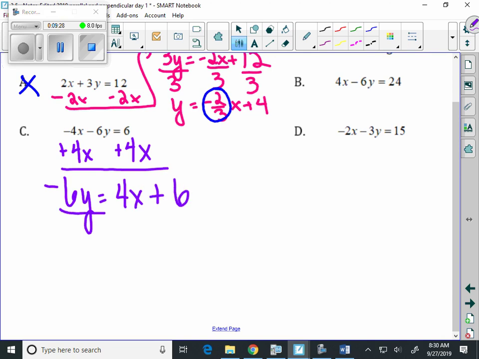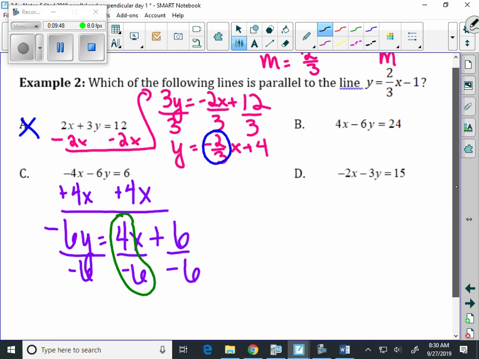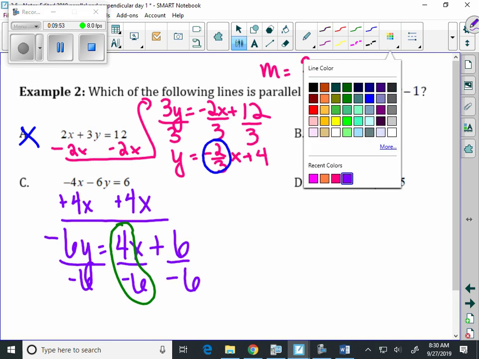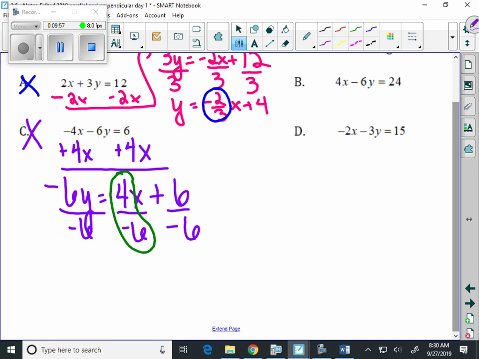When we divide both sides by negative 6, the one thing that I notice here, even without simplifying, is that this value right here is negative. And the slope that we have up here is positive. So without simplifying, I can say, yeah, this is not the answer. But if you are somebody who likes to have closure there, this ends up to be y equals negative 2/3 x minus 1.